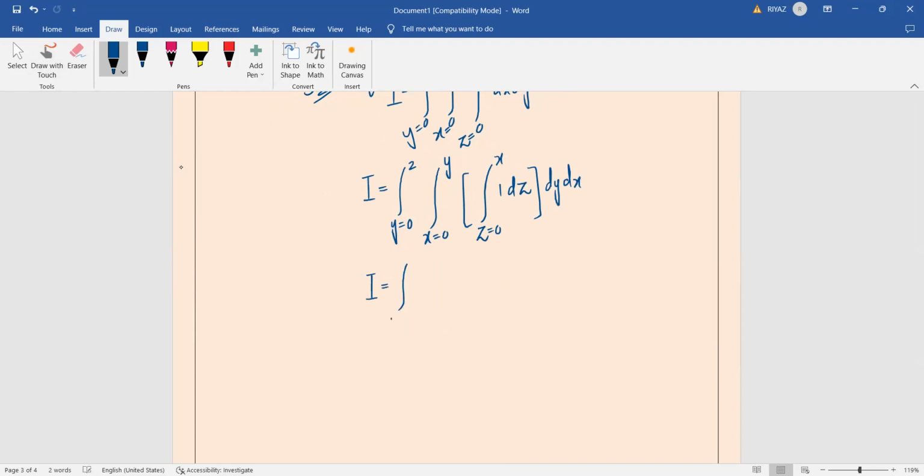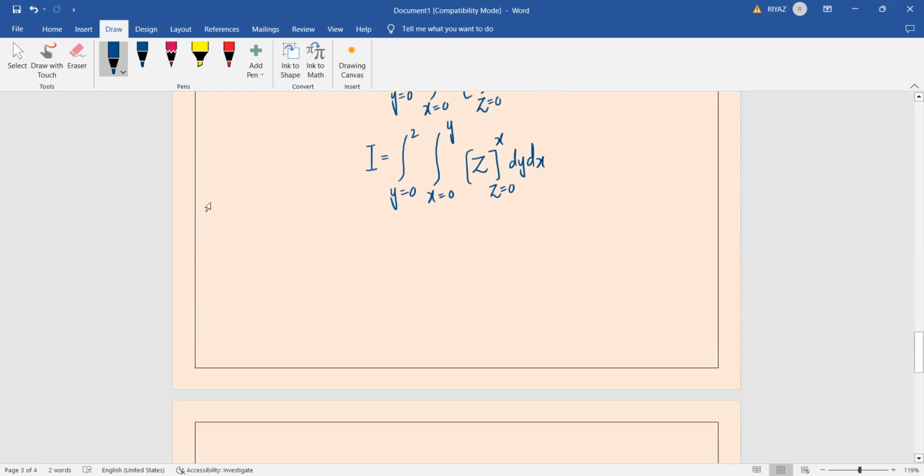I is equal to, here y value is 0 to 2, x value 0 to y, and 1 dz is z, and the limits are z is equal to 0 to x, dy and dx. And then same story, upper limit minus lower limit.